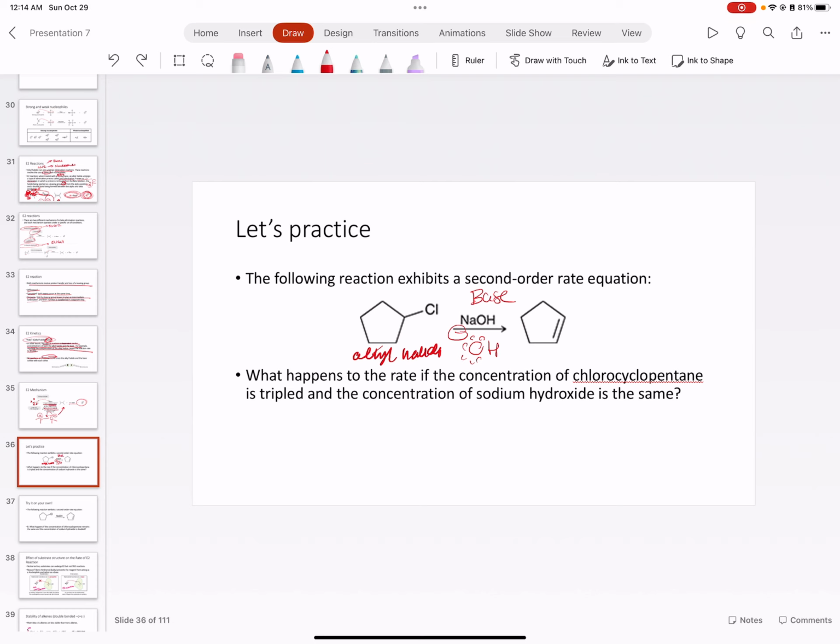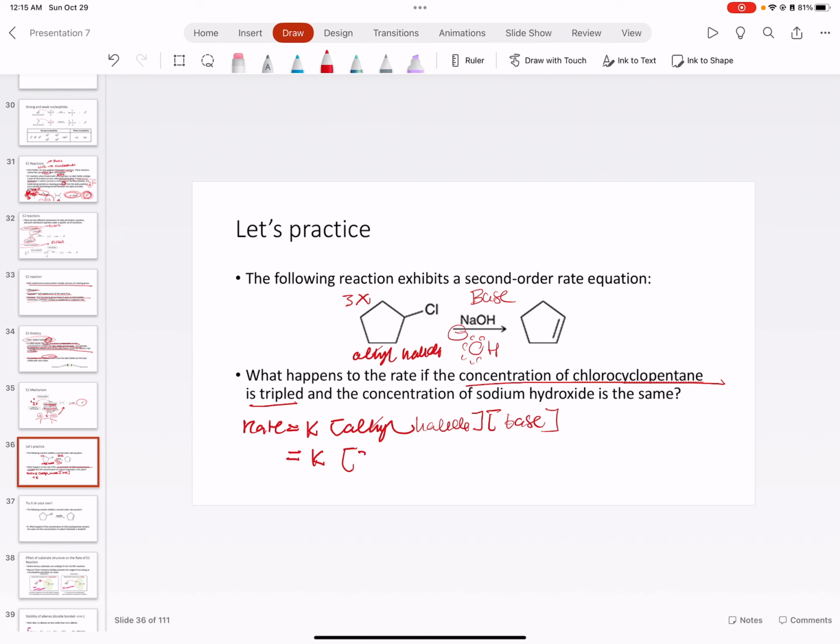So as we said, it's going to be the same as an SN2. We're going to have rate equals k times the alkyl halide, but this time it's multiplied by a base instead of a nucleophile. So we have k, and it says the concentration of chlorocyclopentane is tripled, so this one is times 3.